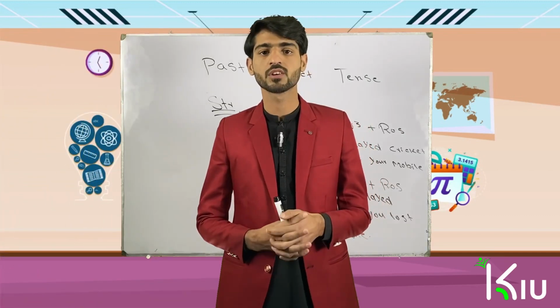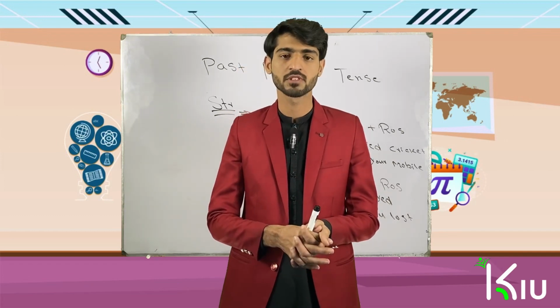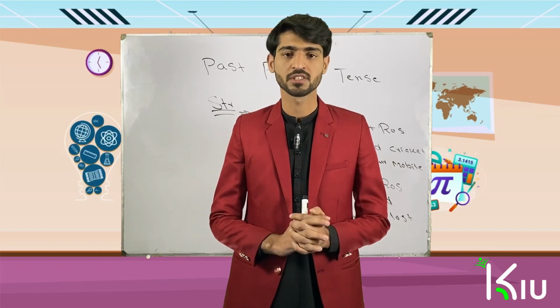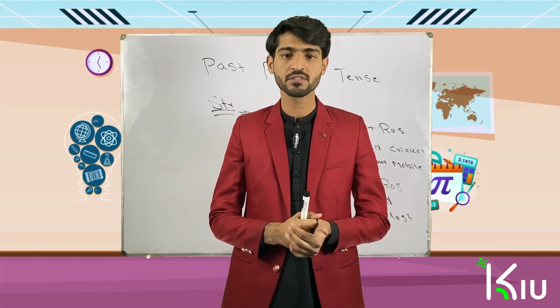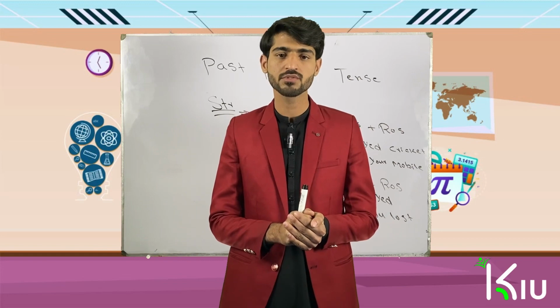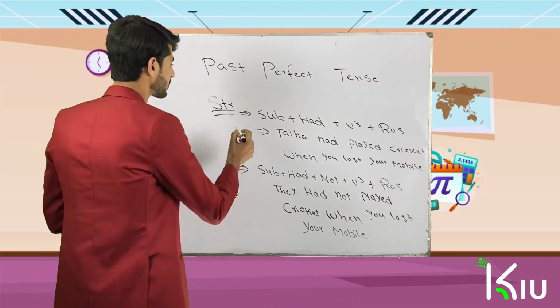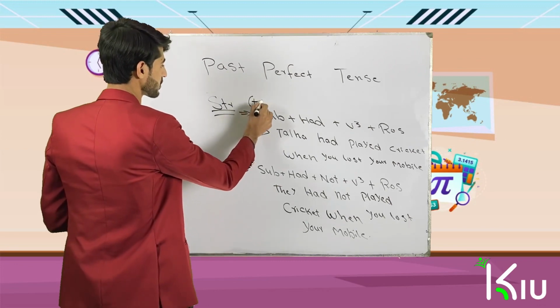Now finally, we are going to talk about the structure of past perfect tense. How will we make sentences using past perfect tense? How will we make positive, negative and interrogative sentences? Let's get ahead with the first structure, which is the positive structure.